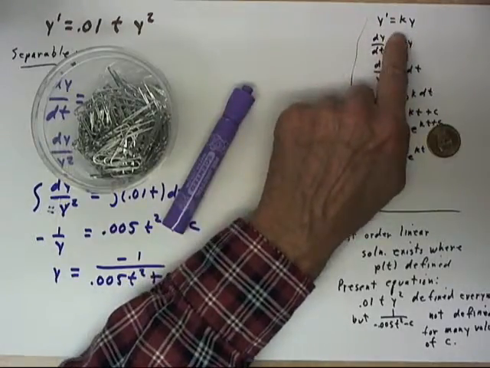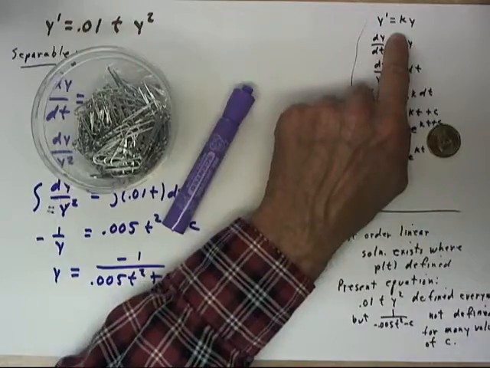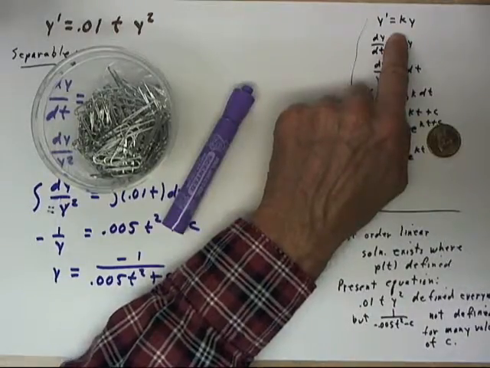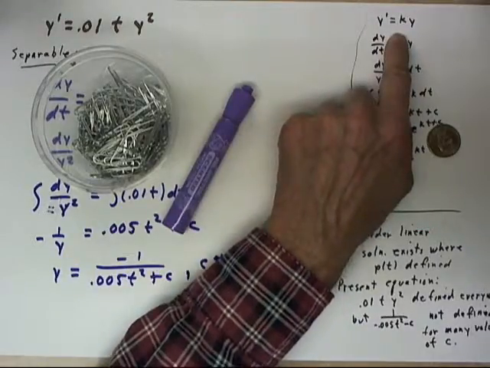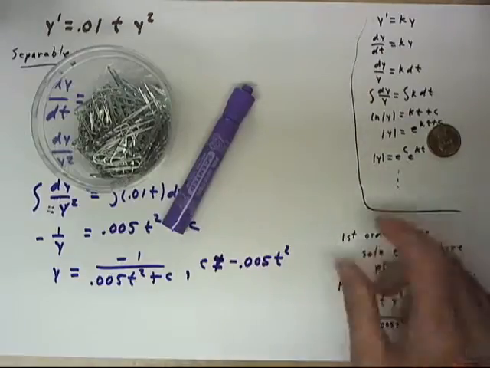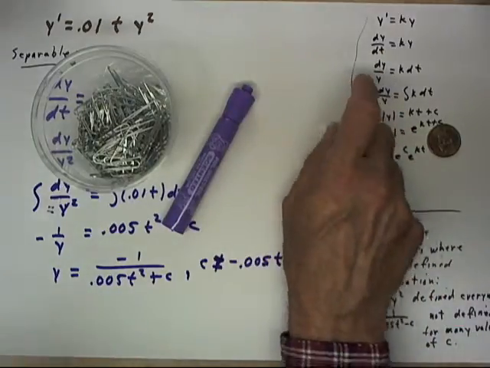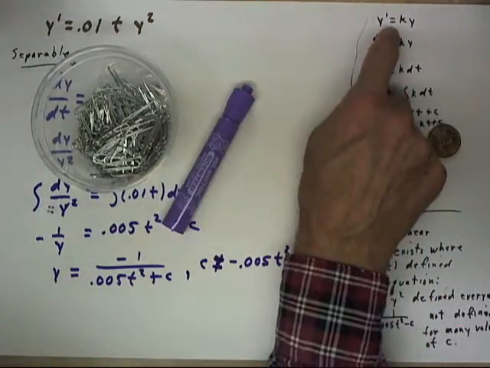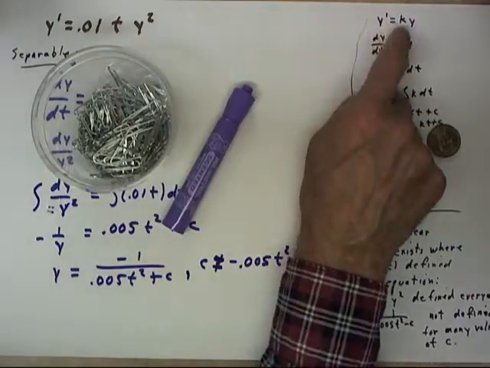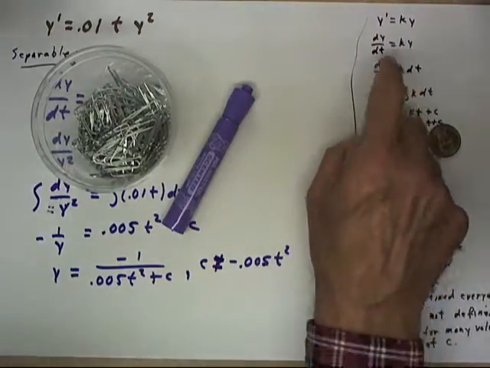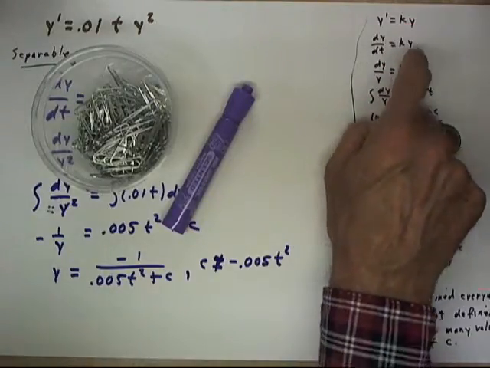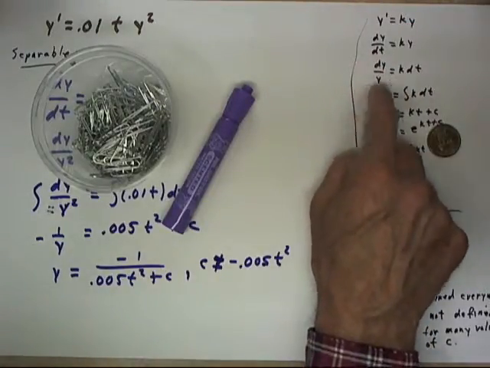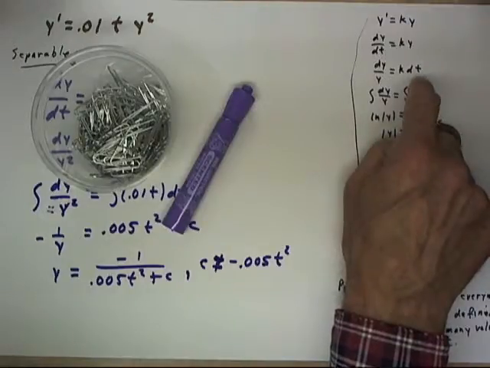Now I use this equation because we've already solved it in the case of compound interest, and we've referred to it as tau prime equals k tau in the case of temperature change of an object in a room at constant temperature, to be more specific. So y prime equals ky becomes dy/dt equals ky, and this is easily separated into dy over y equals k dt.